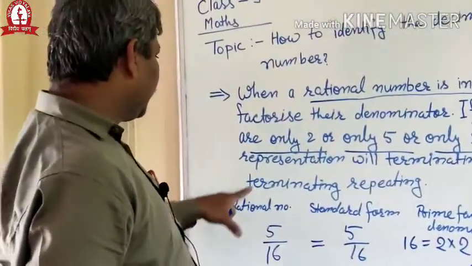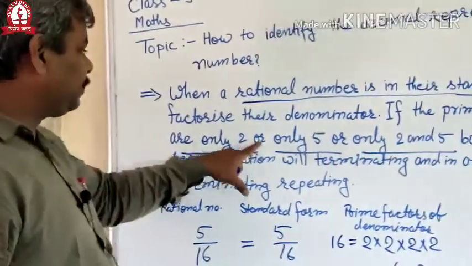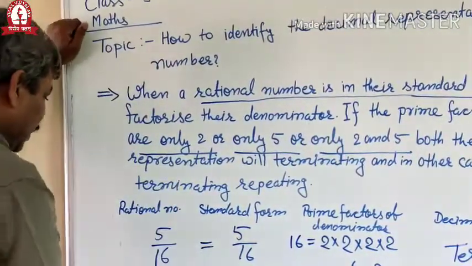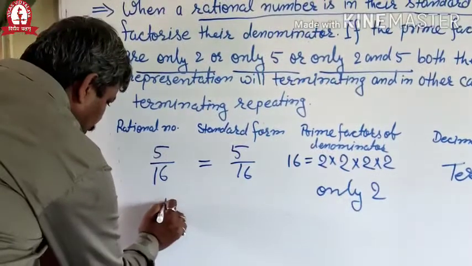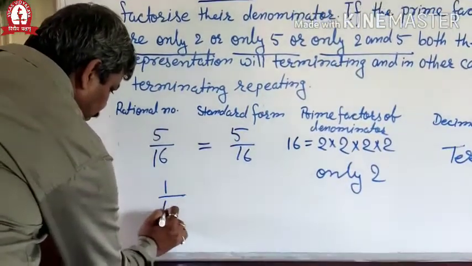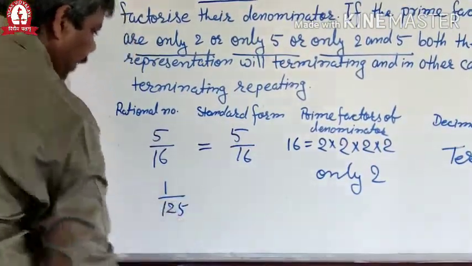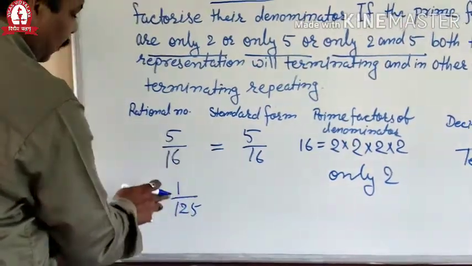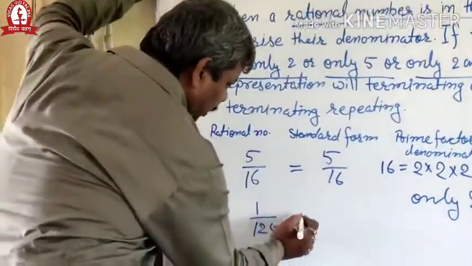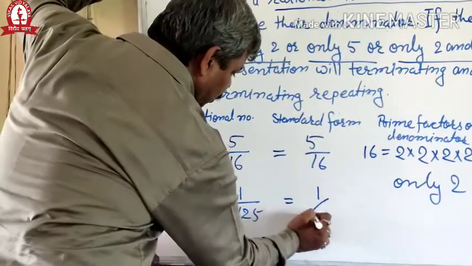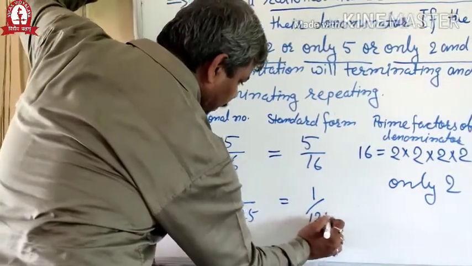This is the first case, if factors are only 2. Second case, factors are only 5. Suppose the rational number is 1 by 125. The standard form of 1 by 125 is 1 by 125.